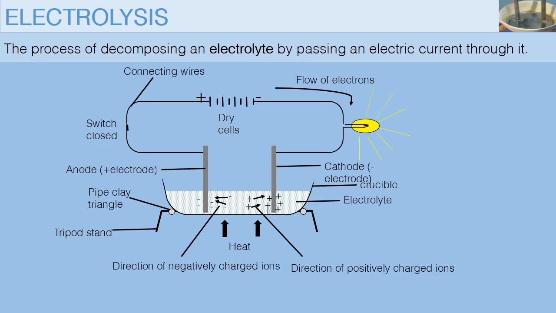In this case, the electrons will enter the electrolyte through the cathode and leave the electrolyte through the anode.